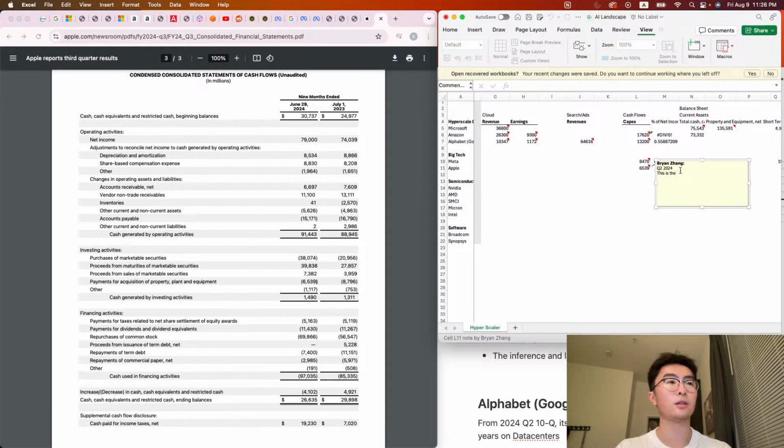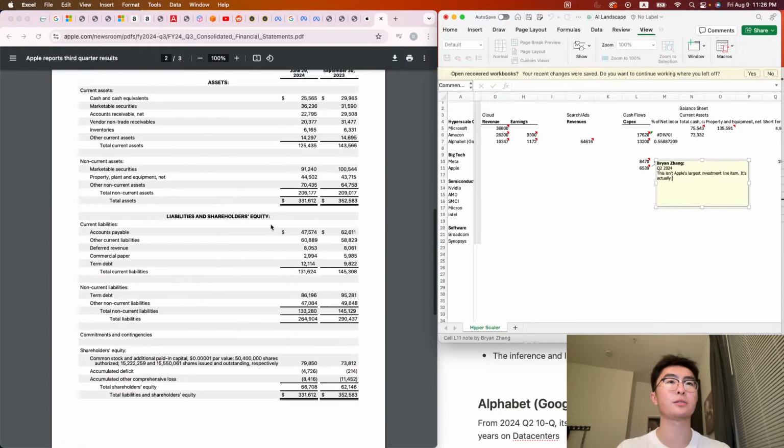This is the least. Isn't Apple's largest investments line item. It's actually, oh, this is for the 9 months, not.